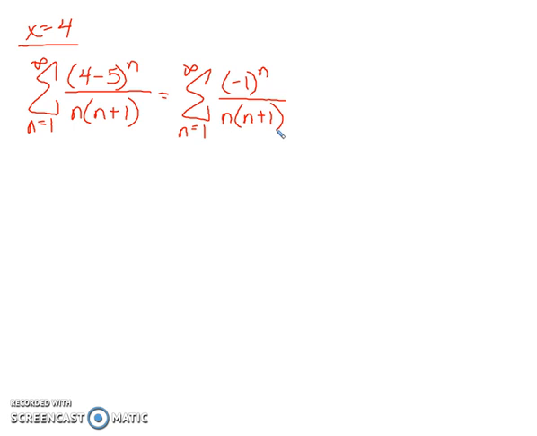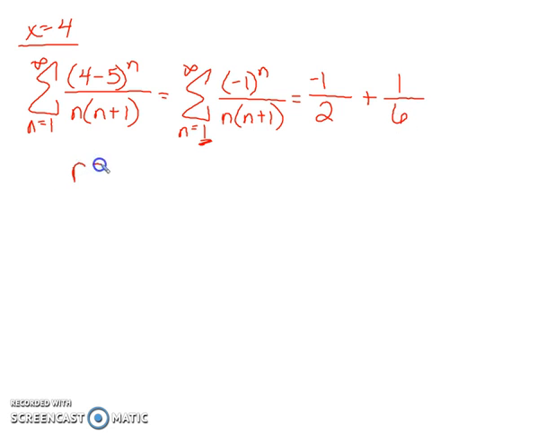So I'm going to write out the first two terms of that series. If I substitute in my beginning n value of 1, then I would get (-1) to the 1 is -1 over 1 times 2, so -1/2. If I substitute 2 in, then (-1) squared is a +1 over 2 times 3, which gives me 6.